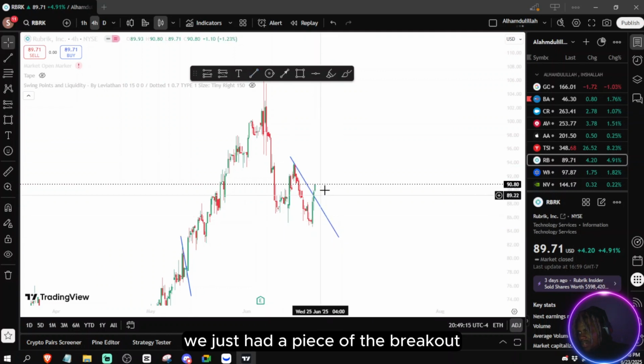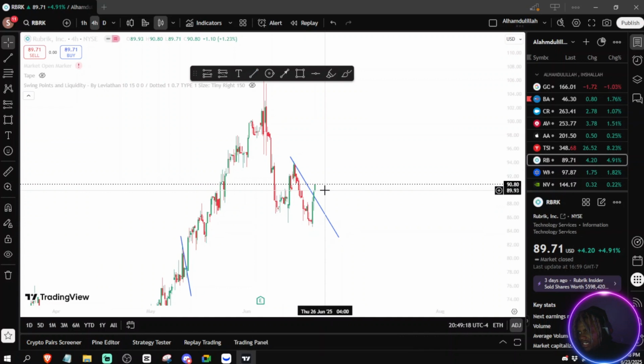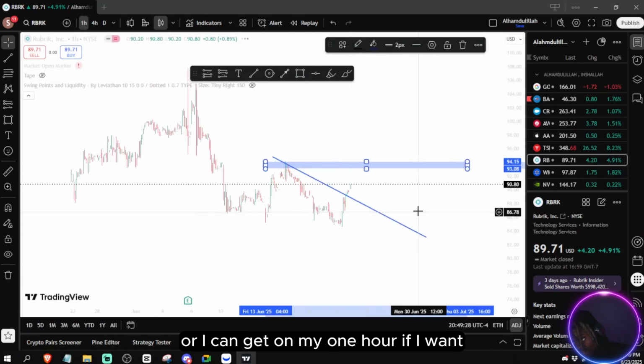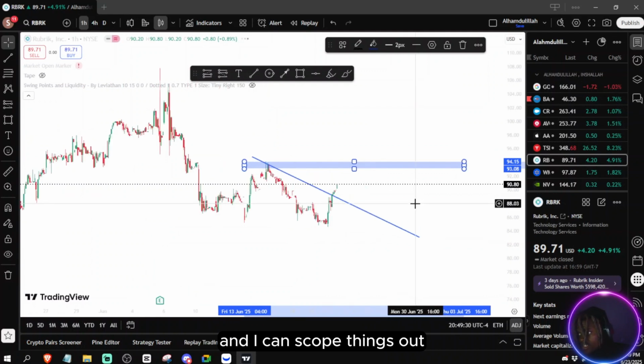We just had a piece of the breakout, so I can see that price. Boom. So I can go ahead and draw that, or I can get on my 1 hour if I want, and I can scope things out.